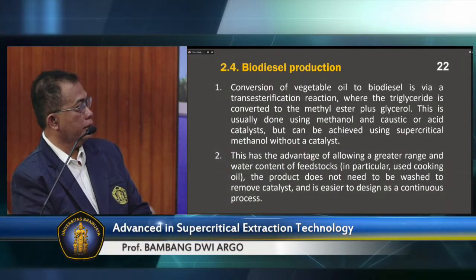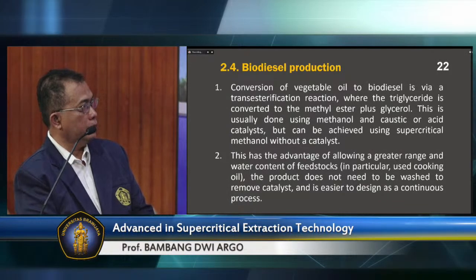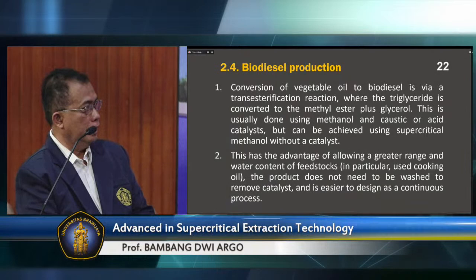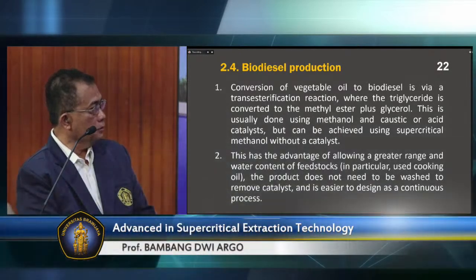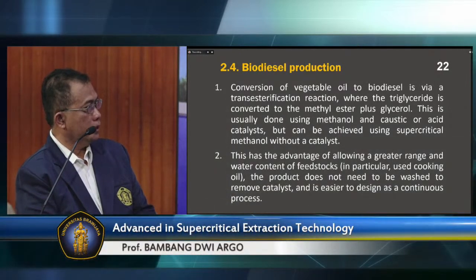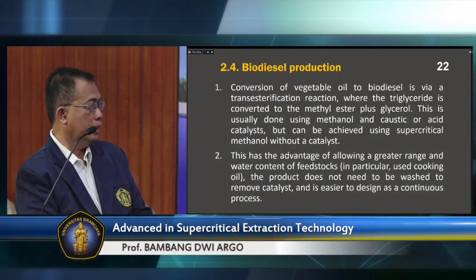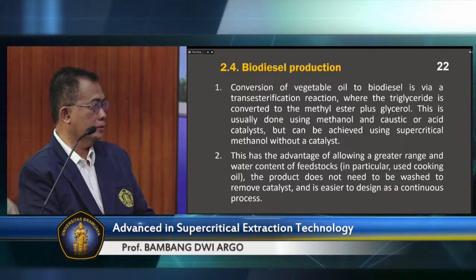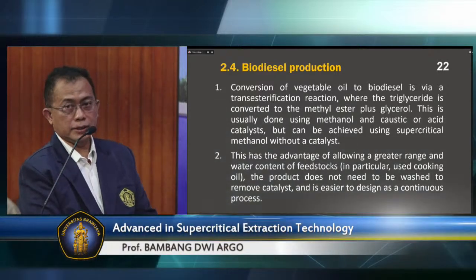This has the advantage of allowing a greater range and water content of feedstock, in particular used cooking oil. The product does not need to be washed to remove catalyst, and it's easier to design as continuous process.